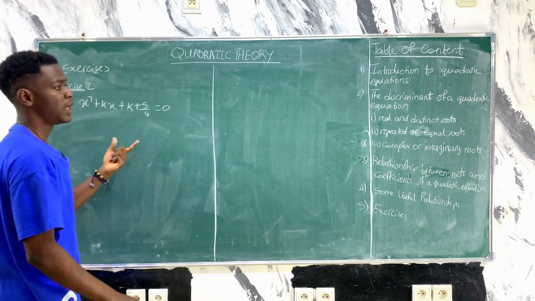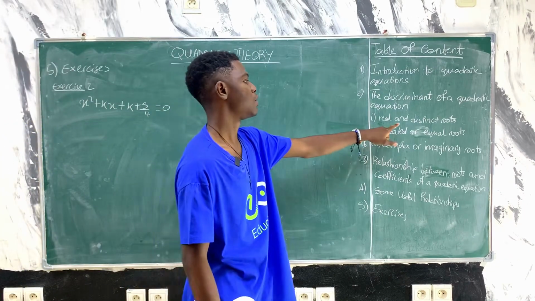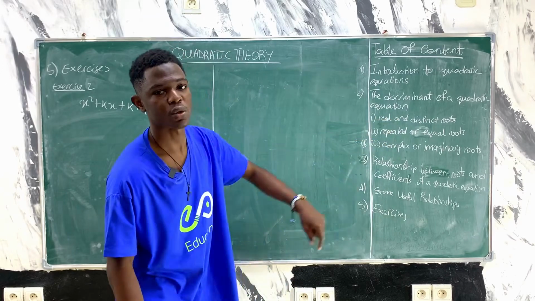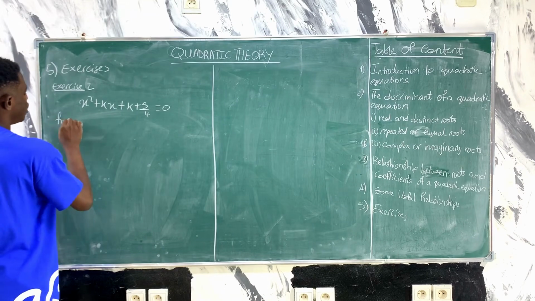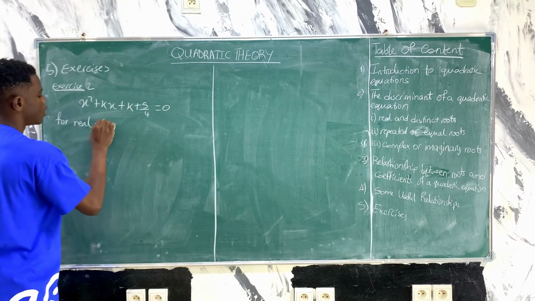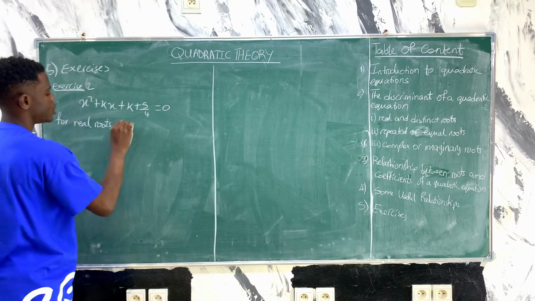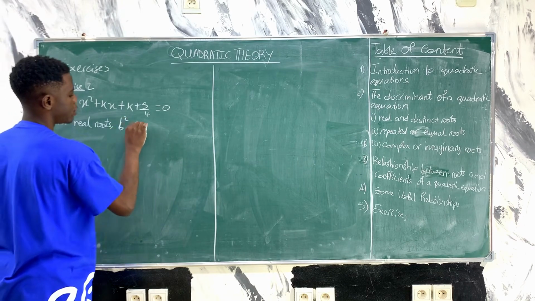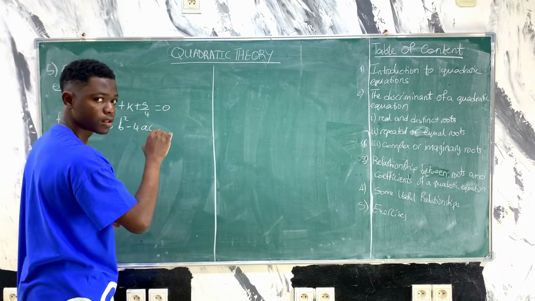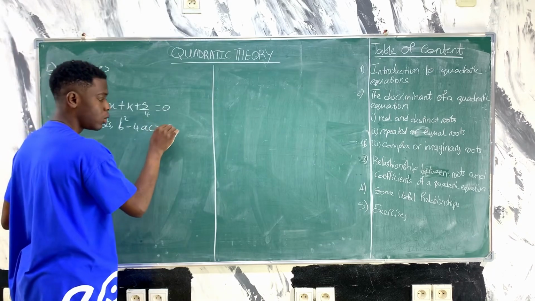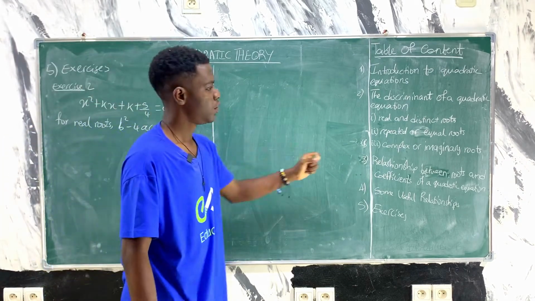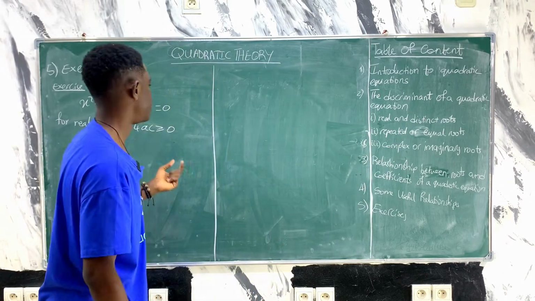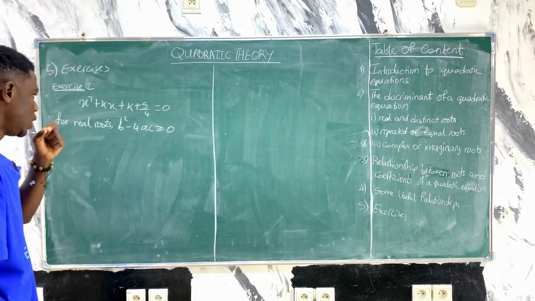Check that in this case the roots are just real, not real and distinct, so it is slightly different. How do we solve this? For real roots, the condition is b squared minus 4ac is greater than or equal to 0. If it was real and distinct, it would have been just greater than 0.